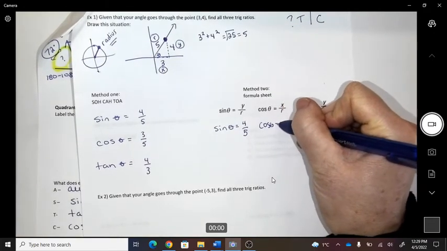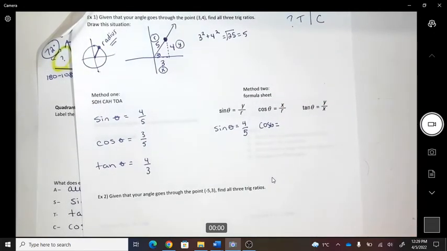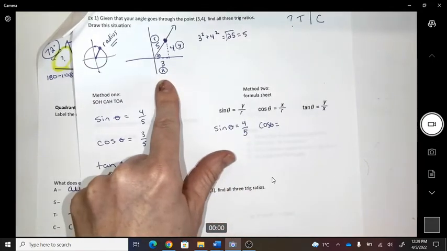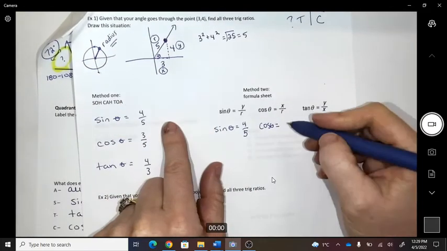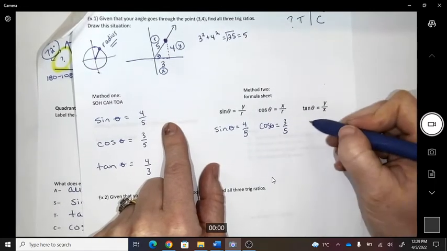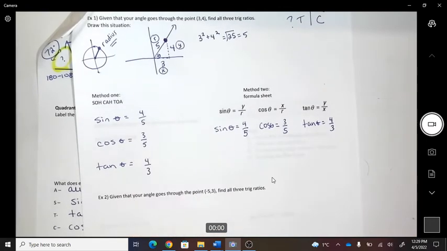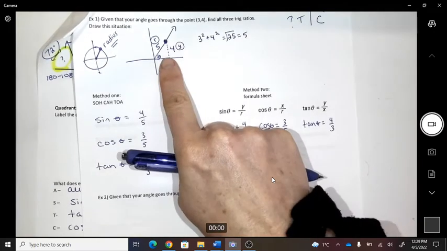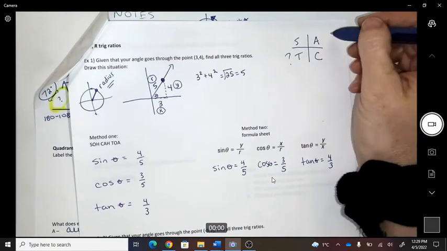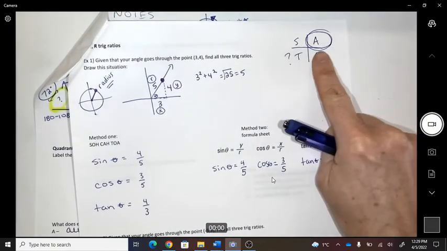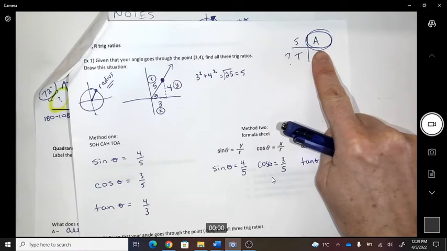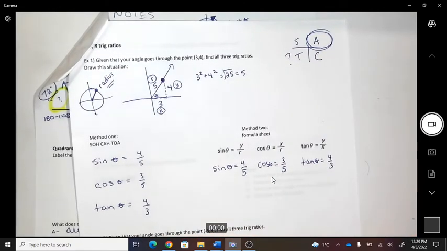The cos formula, so cos theta says to write the x and then divide by the r. Okay, so that's just filling in, and that's on your formula sheet. So on your test, I would give you those 3 formulas if you like that method. Okay, what do you know about where this point is? It's in quadrant 1. What should all of your trig values be? They should all be positive, and they are.